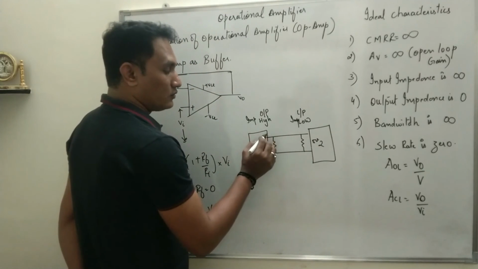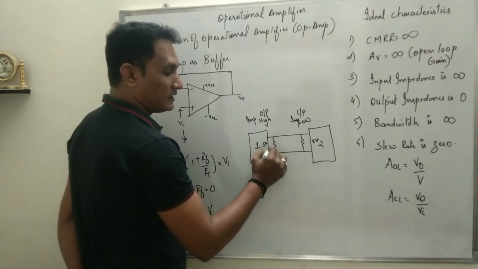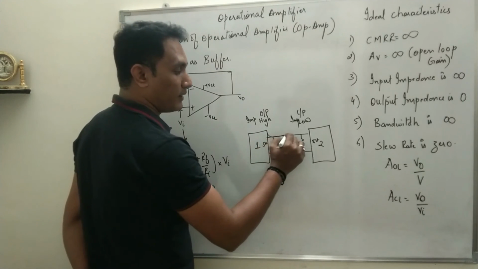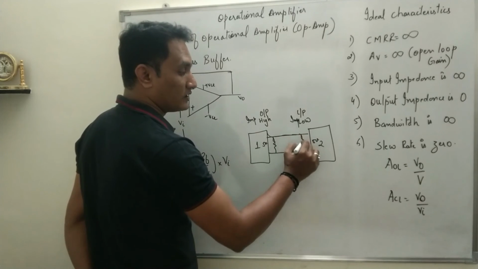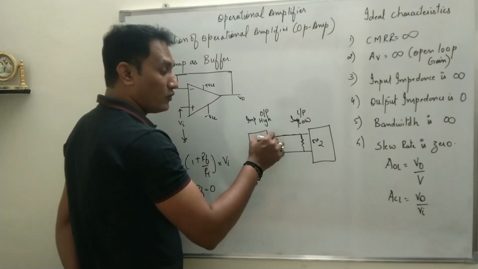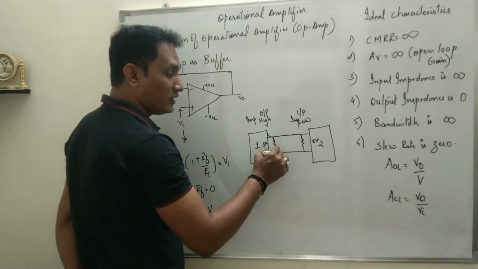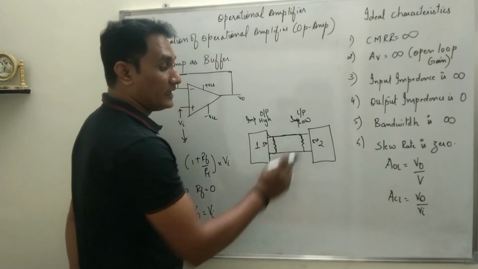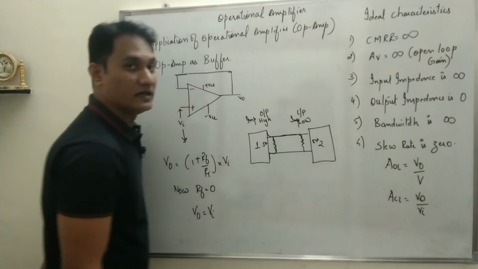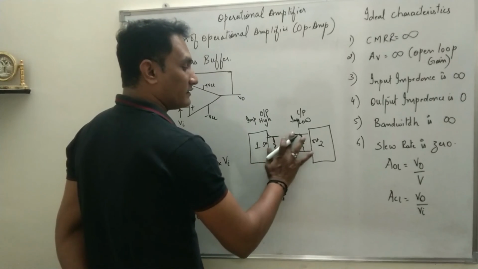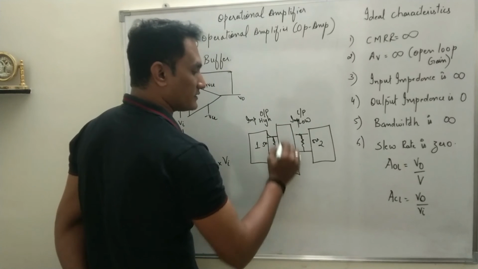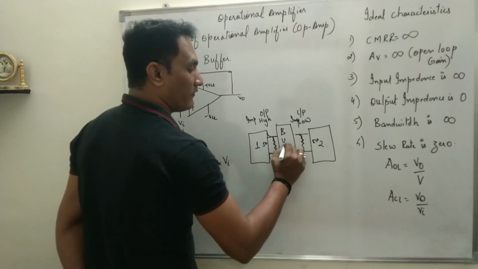As the output resistance of the first circuit is very high, the current which should be flowing through the output of circuit 1 gets a parallel path with low resistance, and it will flow through the input of circuit 2, which can damage the input circuit also. So these two circuits cannot be connected directly, so they are connected through a circuit called a buffer.